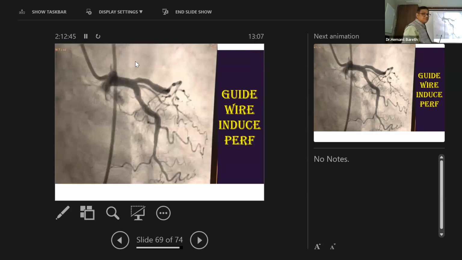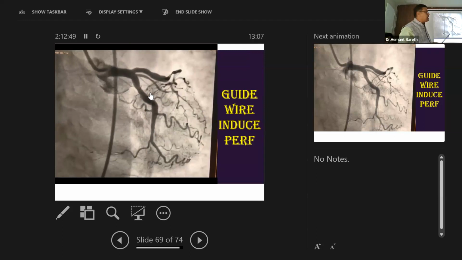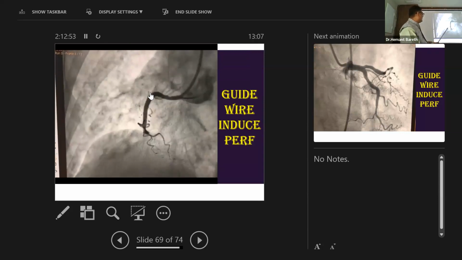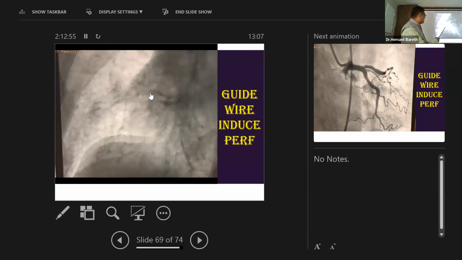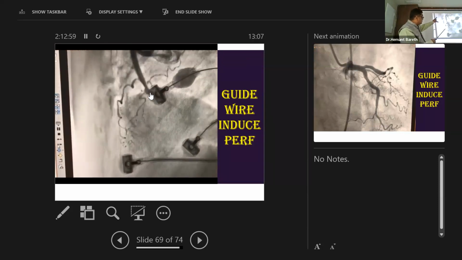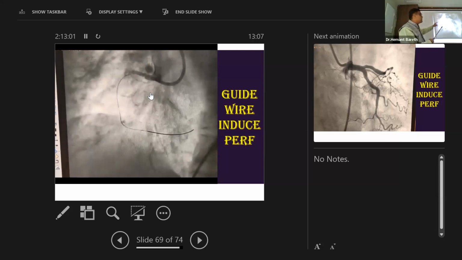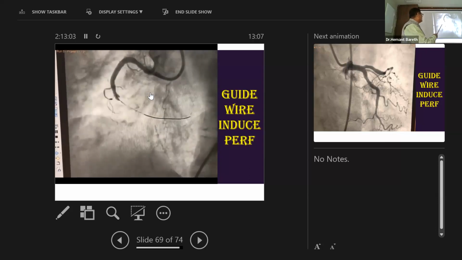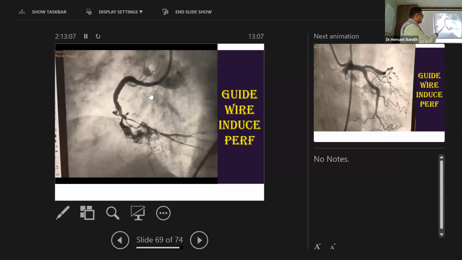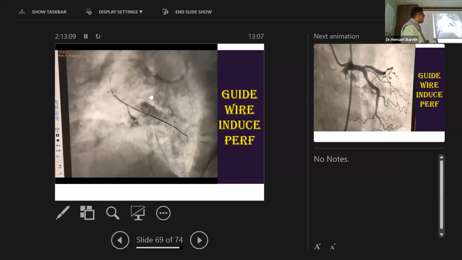So this is a guide wire induced perforation that can happen, and this is a totally occluded right coronary artery. So the wire is being passed, and you can see it's a Fielder wire, which has a longer radiopaque tip, but once it crossed, you can see the perforation.